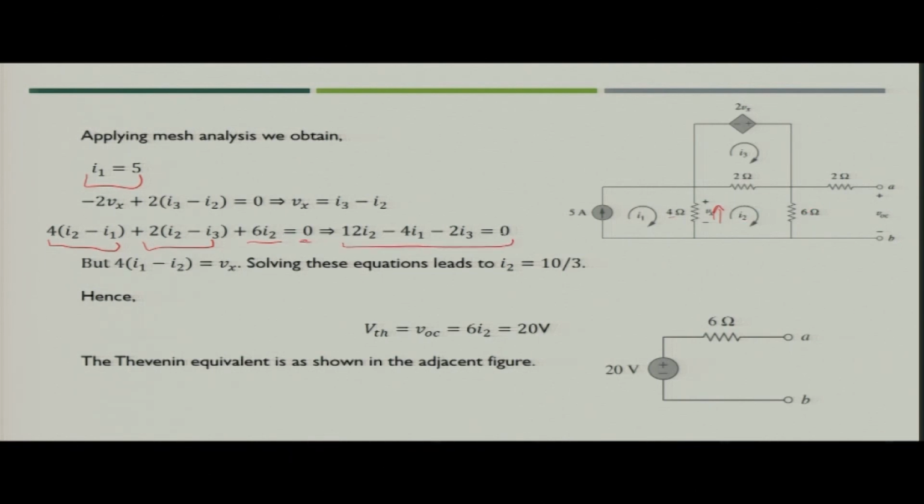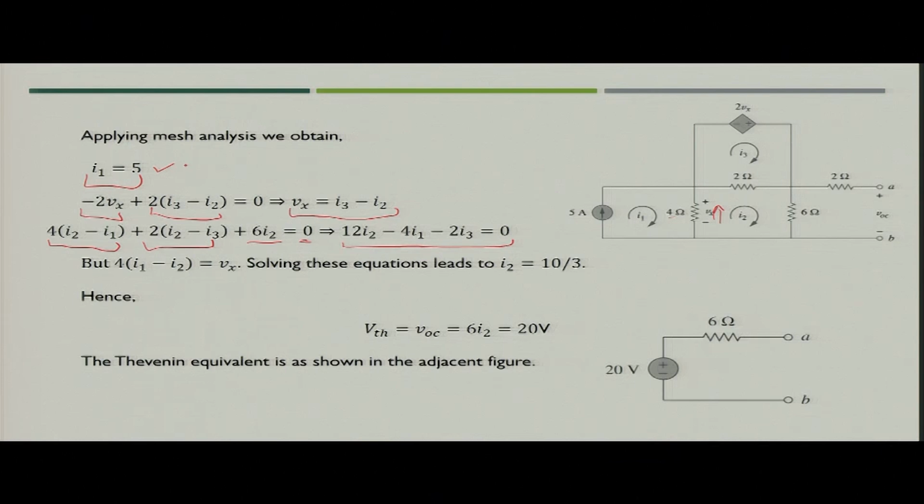The simplified version of this equation would be 12 I2 minus 4 I1 minus 2 I3 is equal to 0. Now, let us talk about mesh number 3. You will get minus 2 Vx plus 2 times I3 minus I2 equal to 0. Vx is nothing but I3 minus I2. Now, we know the value of I1 is 5 ampere.